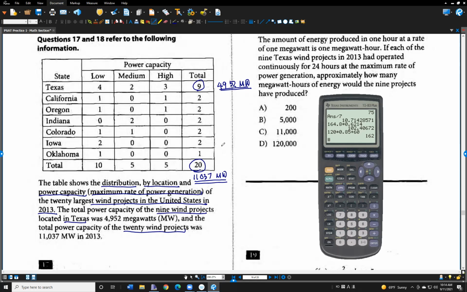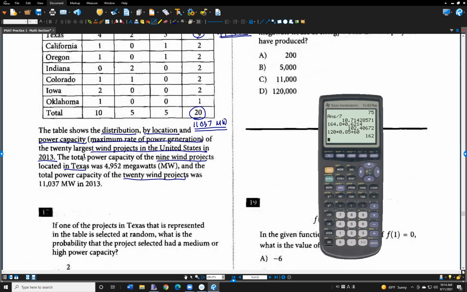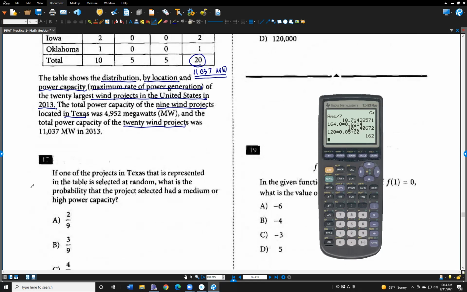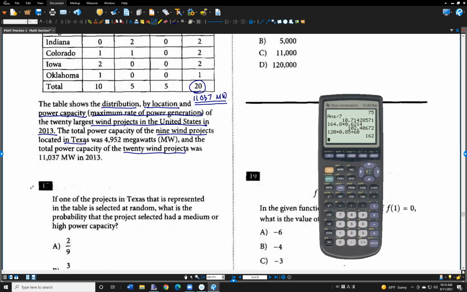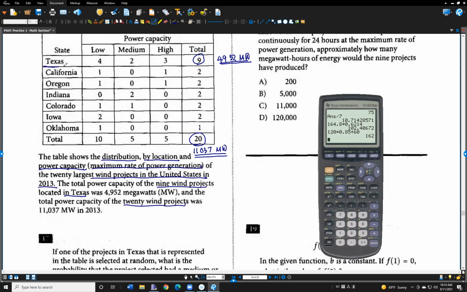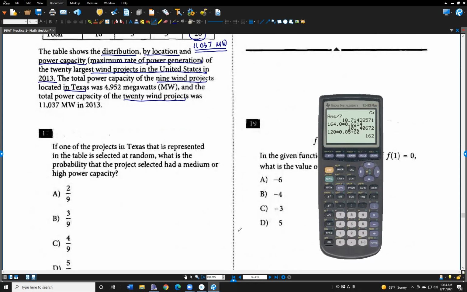All right. That's the question. If one project of Texas represented in the table is selected, so we are talking about only Texas over here. We have 9 wind projects over here. This is now the new sample space, okay? We said this is conditional probability. 20 is not the sample space. What is the probability that the project selected has medium or high power capacity?